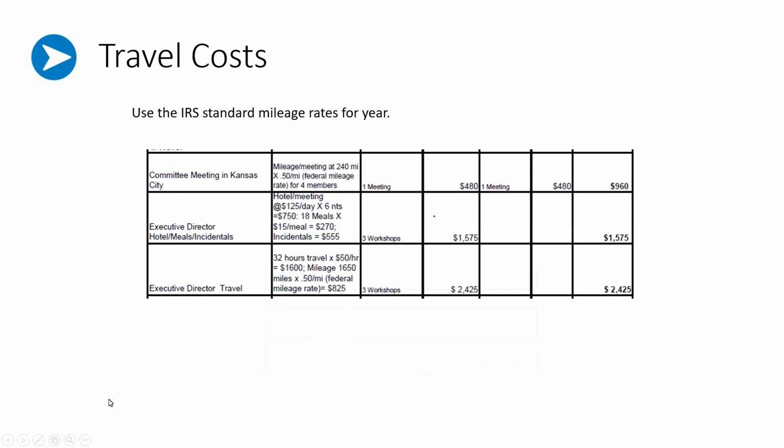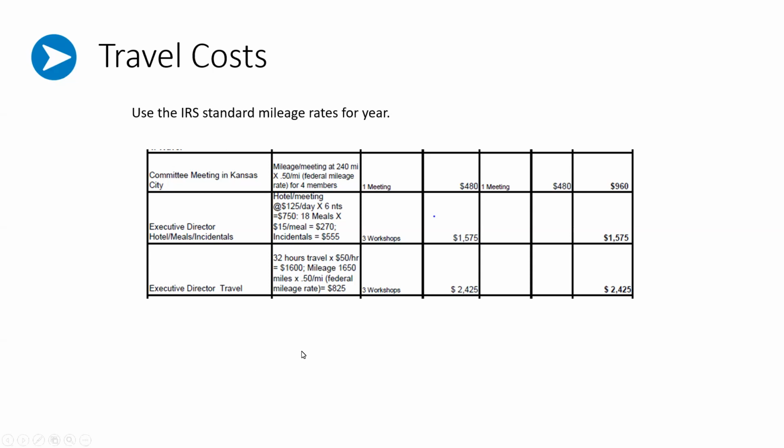Let's take a look at travel costs. I wanted to show you an example of travel and how it's calculated a little bit because it can be somewhat complicated. So in this situation, we're going to again use the IRS standard mileage rates that the federal government publishes.